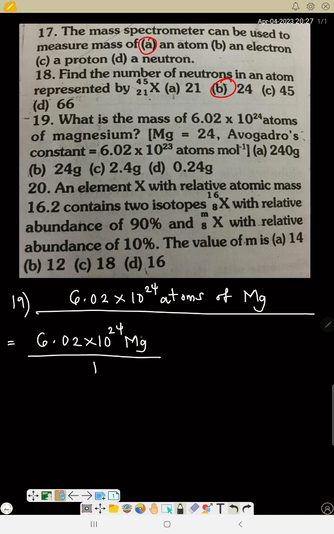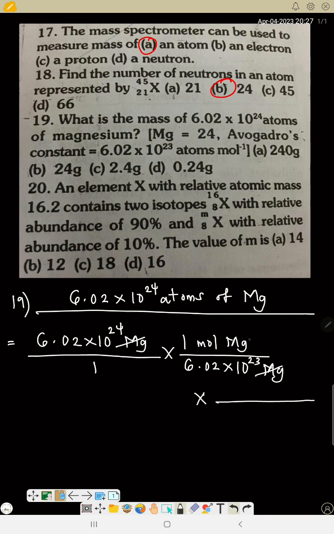So how can I remove these atoms of magnesium? So I know that 1 mole of magnesium is equals to 6.02 times 10 raised to the power 23 atoms of magnesium. So that atoms of magnesium will cancel out. Now how can I remove this mole to gram? So 1 mole of magnesium is equals to 24 gram of magnesium.